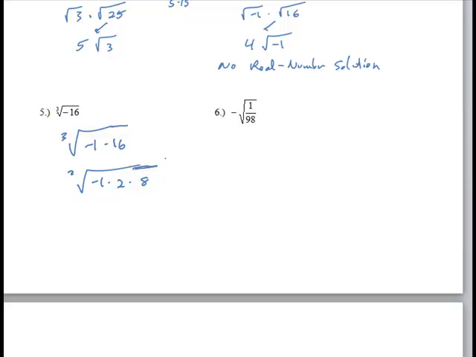We could show that by rewriting each factor in its own radical, or we can just simplify each factor working from left to right, beginning with negative 1. The cube root of negative 1 is negative 1. We cannot do anything with the cube root of 2, so it's going to remain in that radical, and the cube root of 8 is 2, so it comes out in front, which simplifies to negative 2 times the cube root of 2.